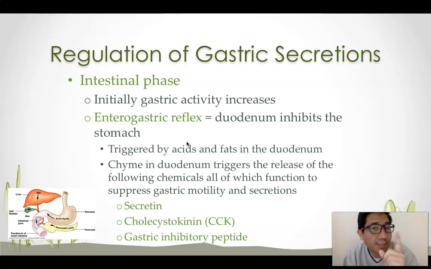That's why we call it the intestinal phase, because it's going from your stomach down into your small intestine. There are hormones that actually secrete in this phase: secretin, CCK, and GIP. We're going to talk about all of that right now.